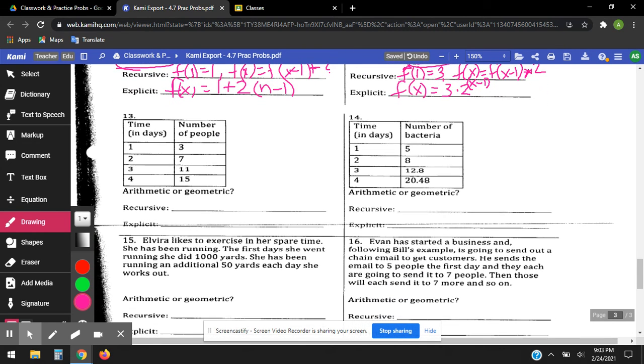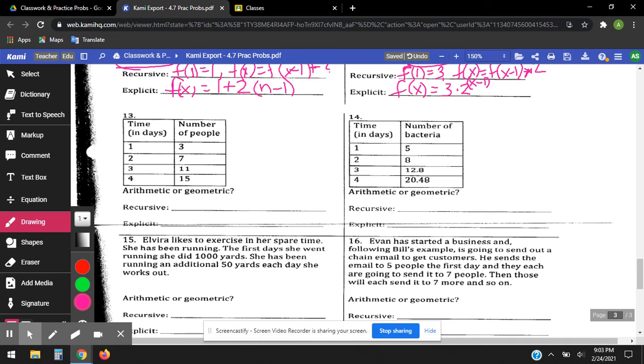All right, 13. This should all be easy, but we're still going to do it because I want to make sure we got this down. So what is happening is, looks like a plus 4. So that is arithmetic. Recursive is, got my first term up here, so f of 1 equals 3.